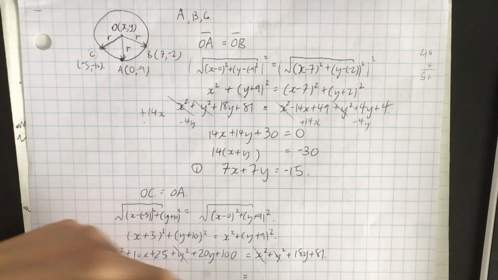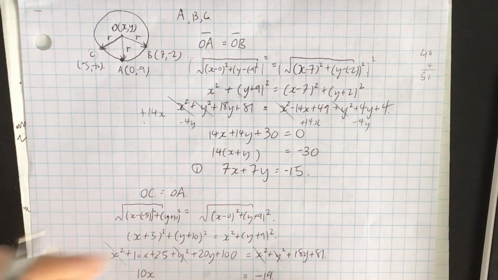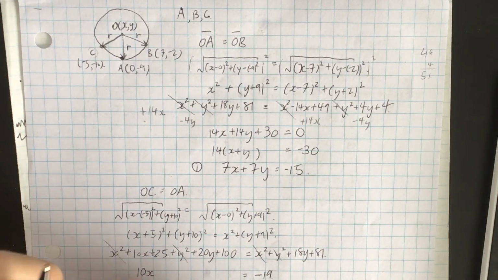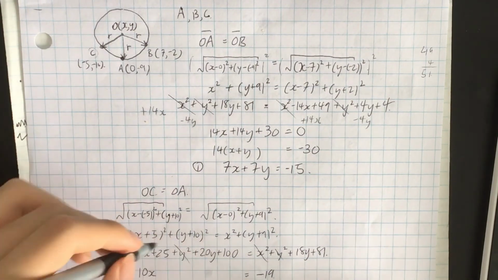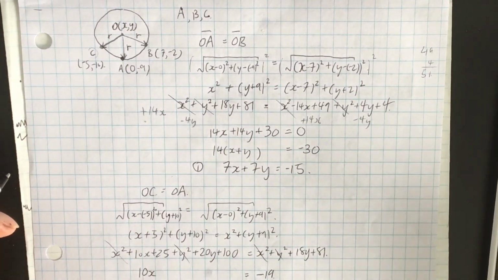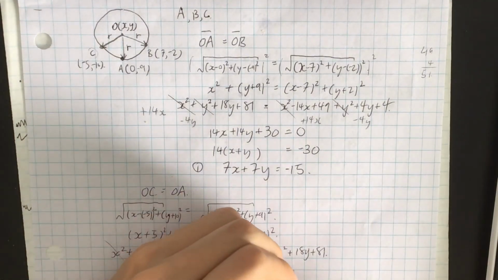So the right hand side is going to simplify to -19. And then we have 10x, and actually no, we gotta subtract 25 as well. So that's subtract 25.